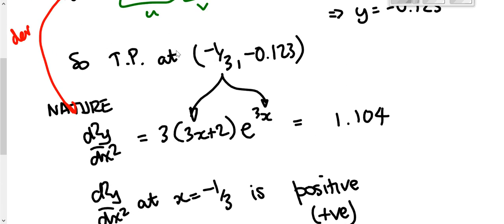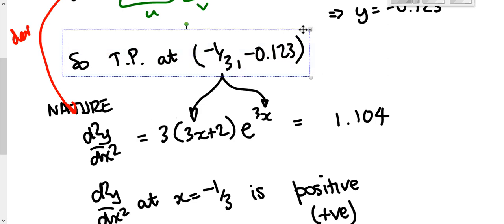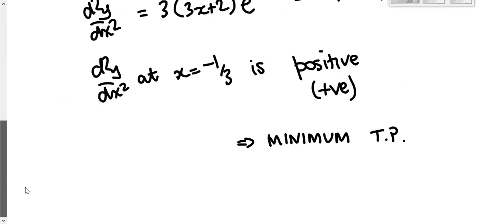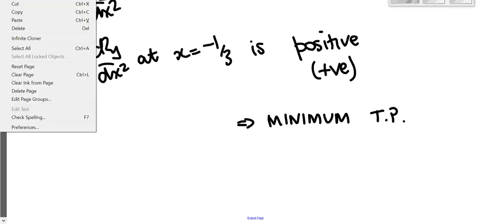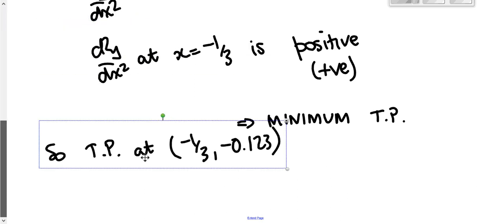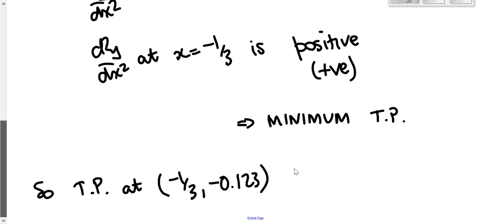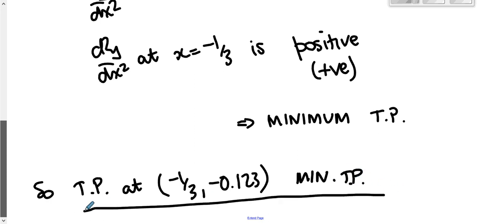I'm just going to copy this bit down, and down here, paste it in. Drag that down there. So the turning point is at this point, and it is a minimum turning point. And that's our problem complete.